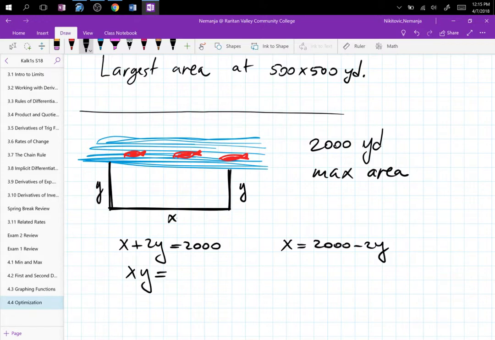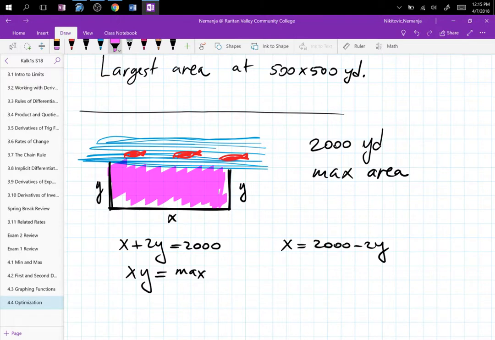The area is still xy equals a max. That's still the same, because not having one side has nothing to do with area, right? Area is here. It's just, instead of a black line bordering the top, I have a blue line bordering the top.